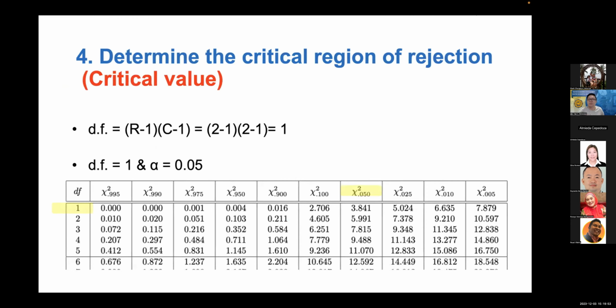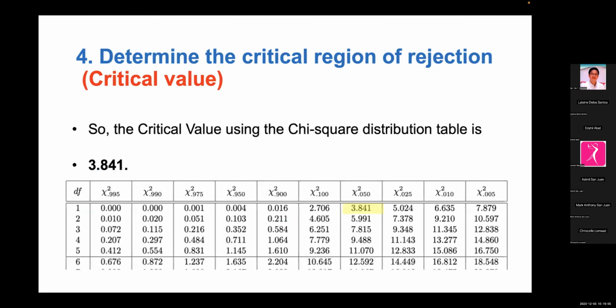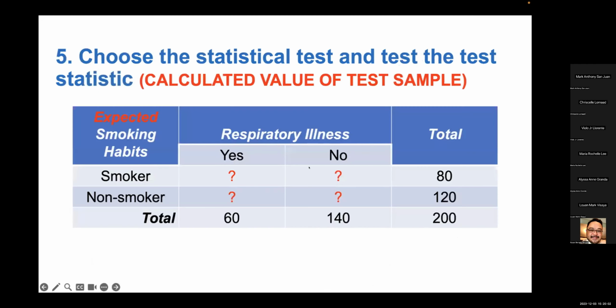So we will get a value of 3.841 using the chi-square distribution table. Next is to choose the statistical test and the test statistics so that we can get the calculated value of our test sample.